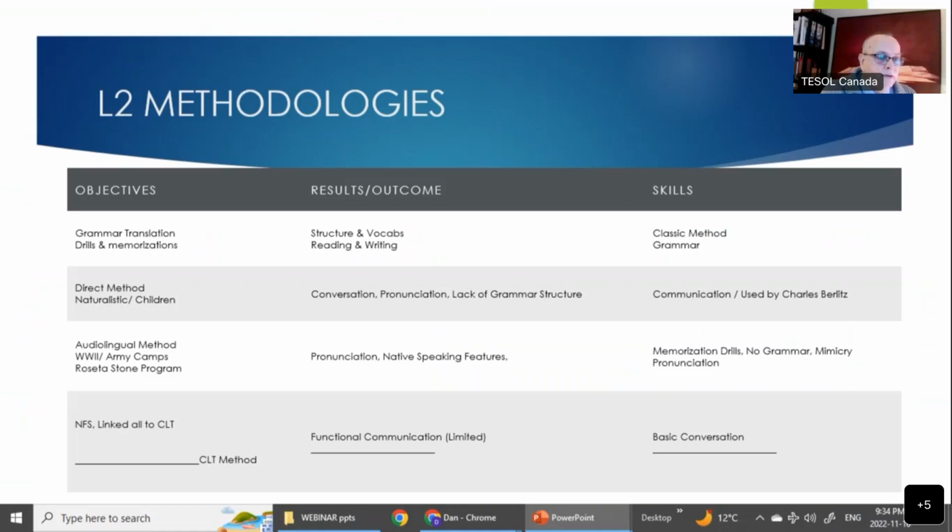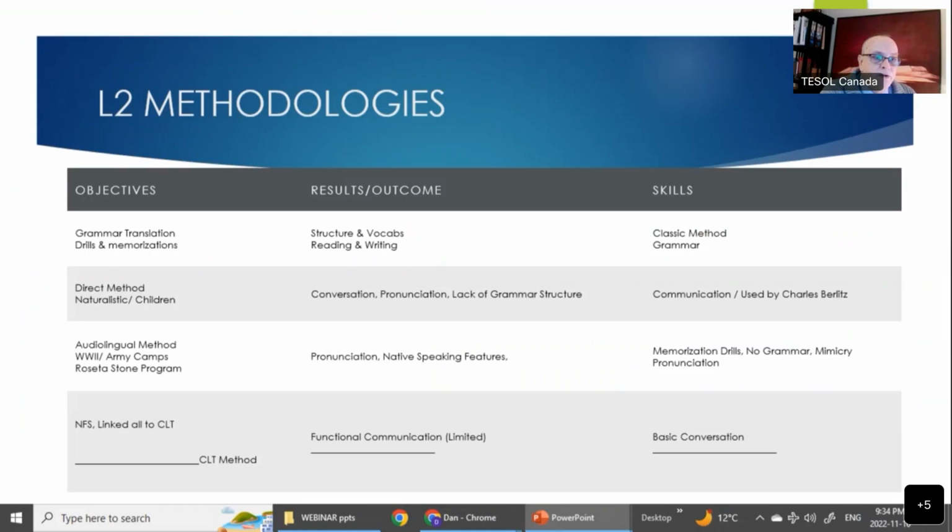Because if they didn't sound like a native speaker, then they would be identified as a spy and probably executed. So the Army developed what was known as the audiolingual method, and short form was called the Army method, and it focused on learning the pronunciation of words.